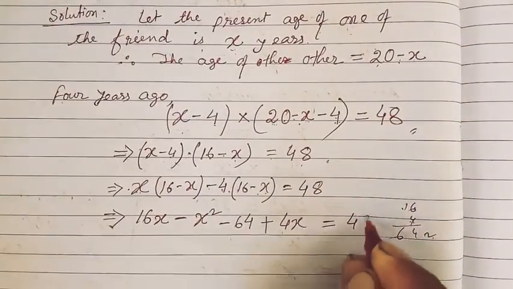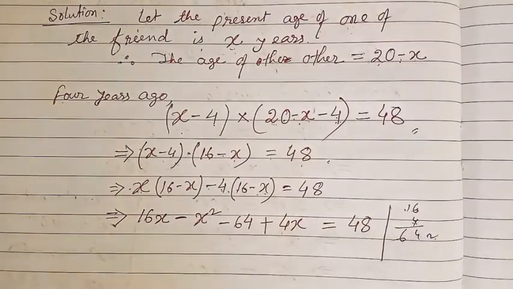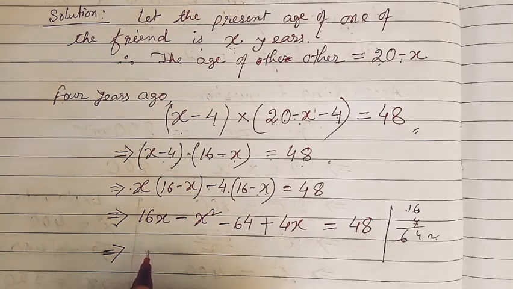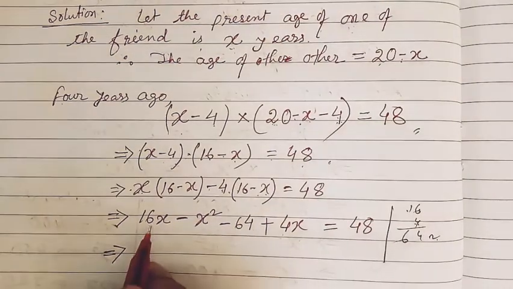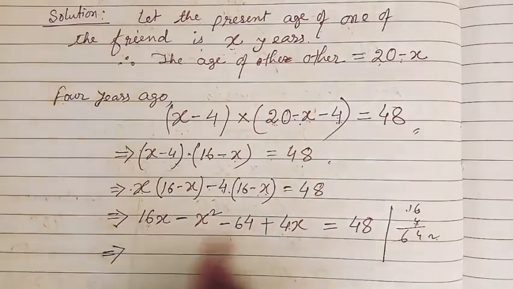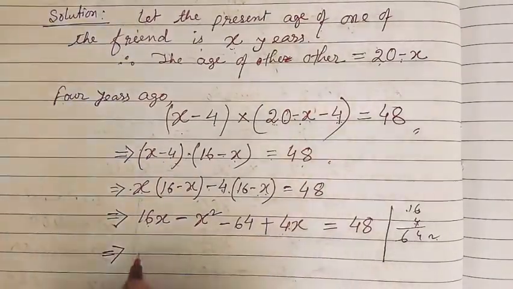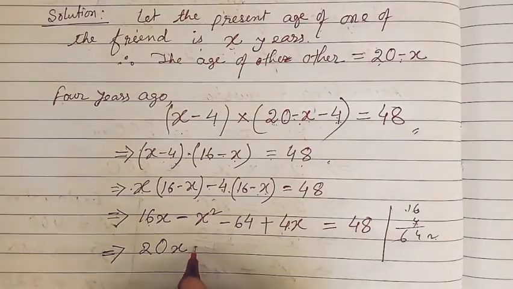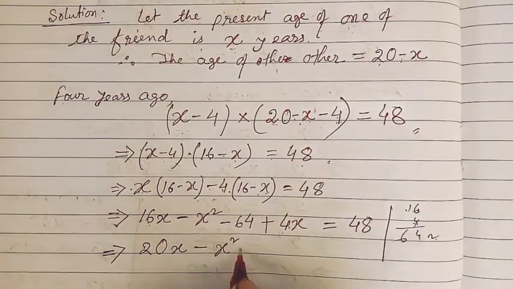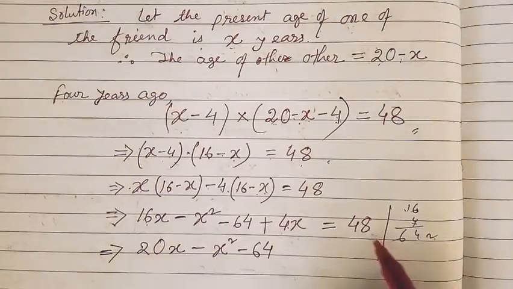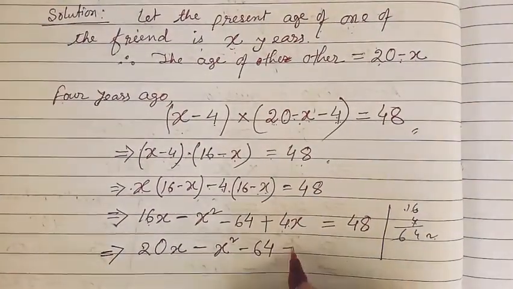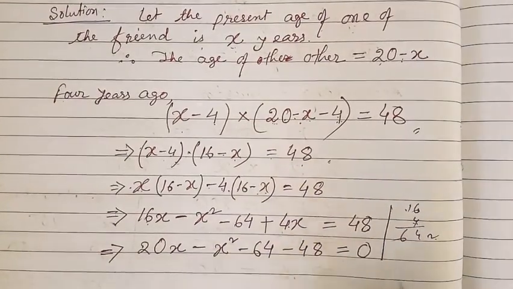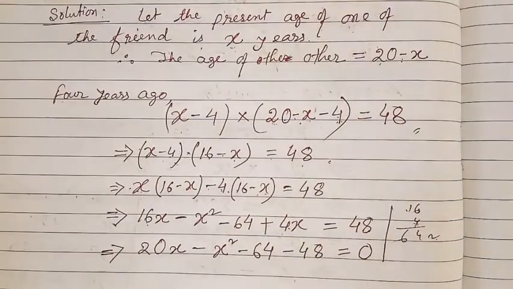On the right side 48 remains the same. Now make it simple. 16x and 4x are like terms, so you can add them: 16x plus 4x is 20x, minus x square and minus 64 remain the same. Taking 48 to the left side, it will be minus 48, equal to 0.